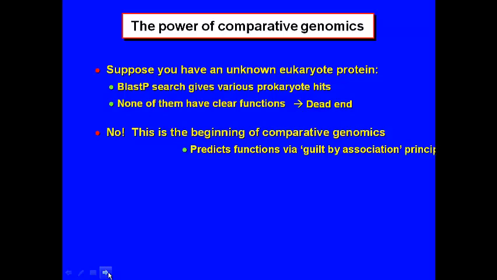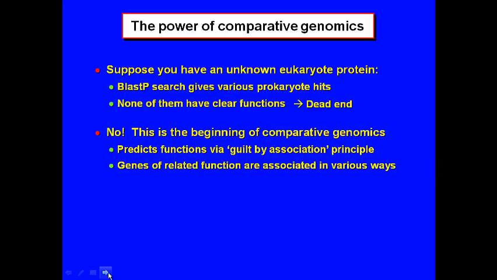Because comparative genomics predicts functions by the guilt by association principle. And different cultures have different ways of expressing that principle. In English, we say, birds of a feather flock together, or show me who your friends are, I'll show you who you are. The idea is who you hang around with is a pretty good guide to what you are. And genes of related function can be associated in various ways.